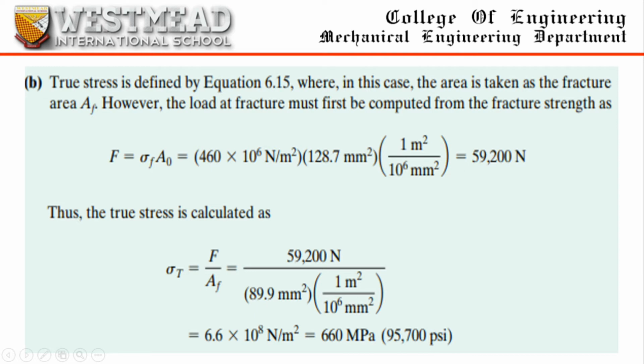So, to find the true stress at fracture, we will have to find first the fracture load. So, F is equal to engineering stress multiplied by original area. If we input this na calcu, we will find 59,200 Newton. So, yun yung gagamitin natin bilang F sa ating original formula, which is true stress is equal to load F over fracture area, is equal to 59,200 Newton over the quantity of 89.9 millimeters squared multiplied by 1 meter squared over 10 raised to 6 millimeters squared.